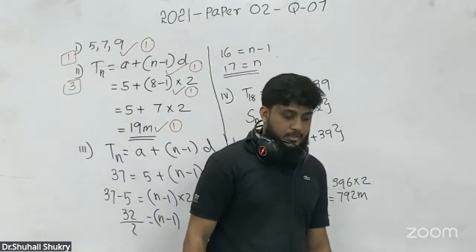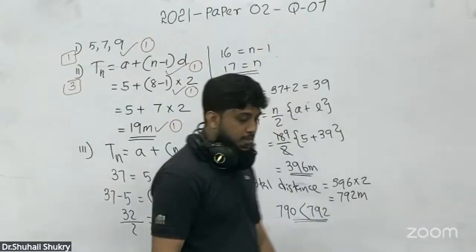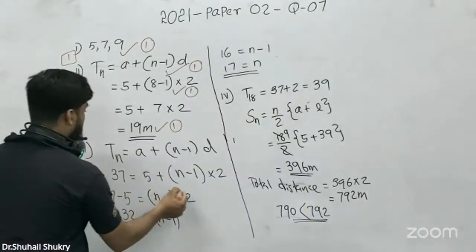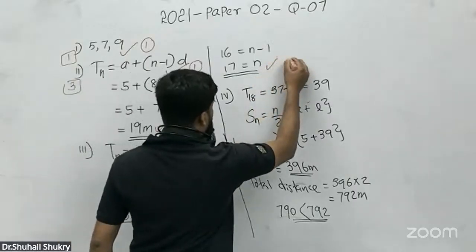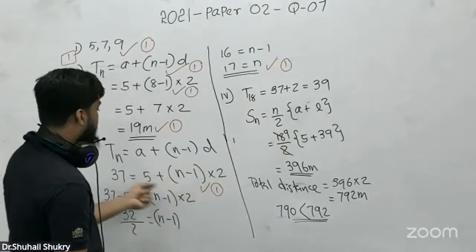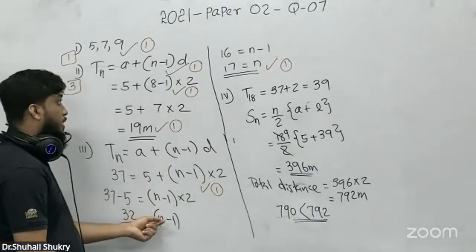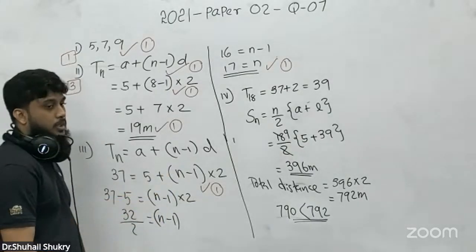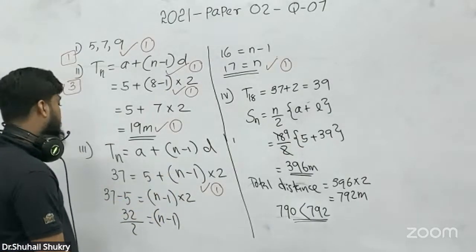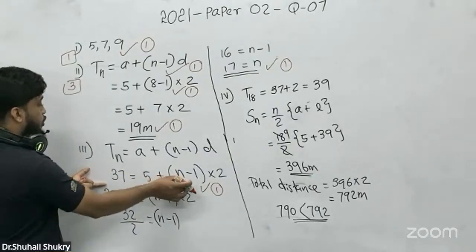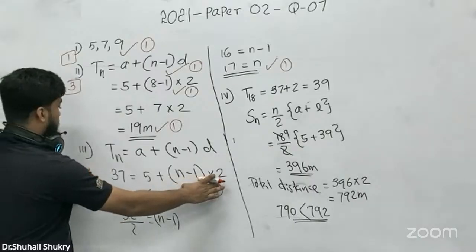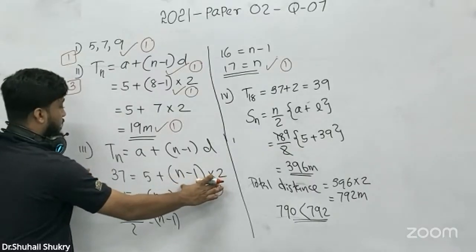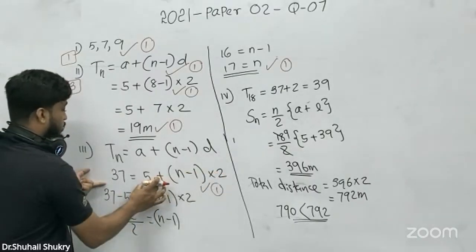And the next one is for finding n equals 17. For the substitution, they gave 1 mark. For the answer, they gave 1 mark. They give like this. If someone directly writes n equals 17, still fine. To get 37, how much should n be if someone is guessing? This multiplication answer should be 32, because 32 plus 5 is 37.